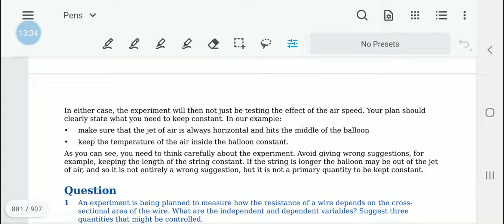And when you talk about temperature, it is not the temperature on the moon. It is the temperature inside the balloon that needs to be kept constant. This is practically thinking about real life situations and giving your answers, right?